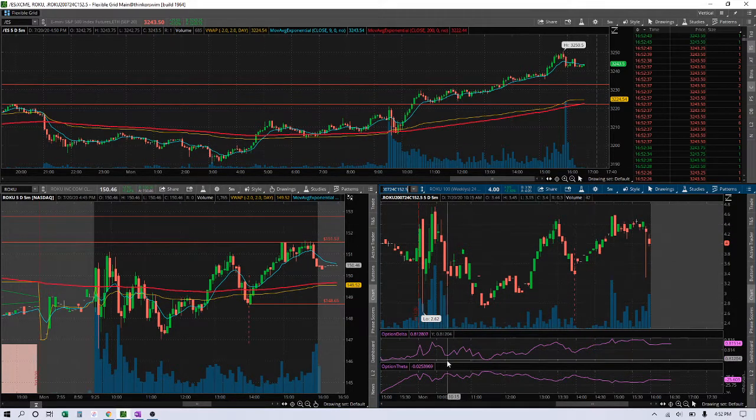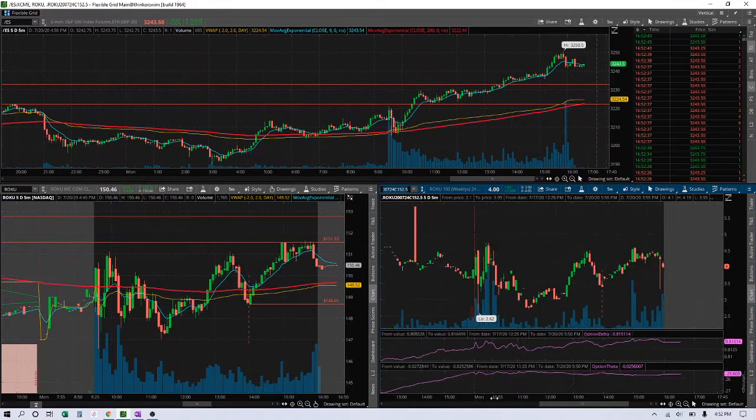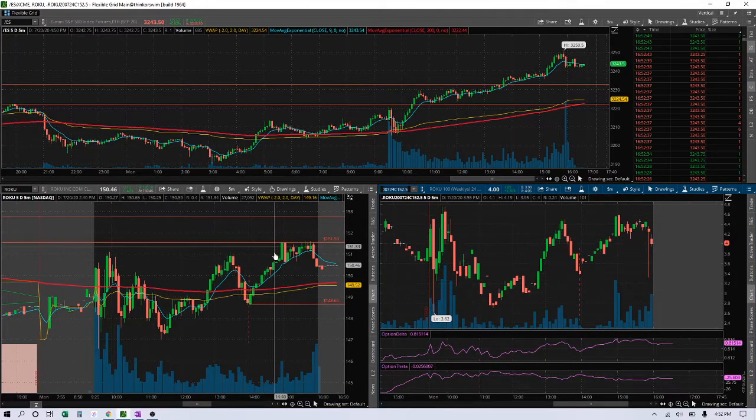So even though the stock's higher at the end of the day than it was here, the option contract didn't reach that 4.7. It only got up to 4.58. That's like $20 less right there just in a day.